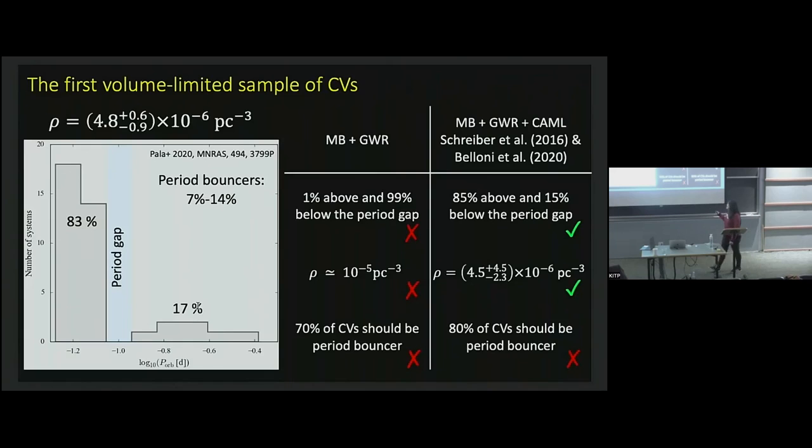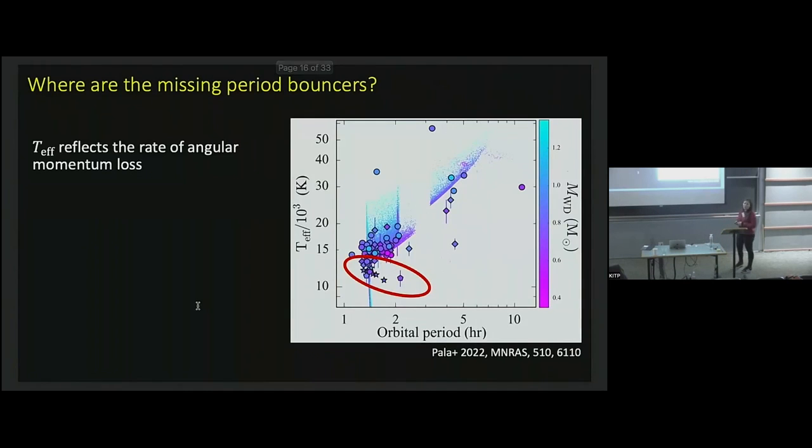This model still predicts 80% of CVs should be period bouncers, but we have about 7 to 14%. So what's the issue here? Where are the missing period bouncers? If we have a look at the effective temperature of period bouncers, they are located in this branch, and you can see that they are hotter, which means that they are accreting at a higher rate than predicted by the model.